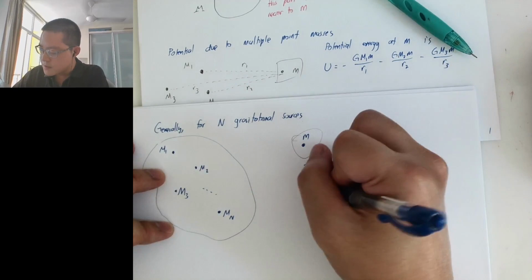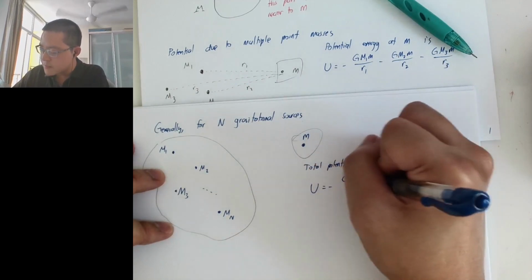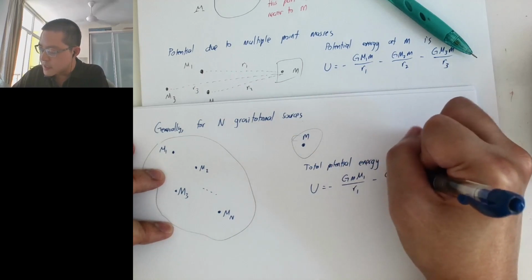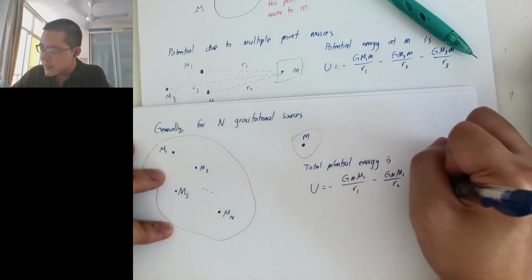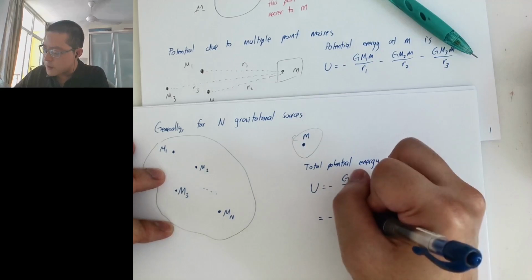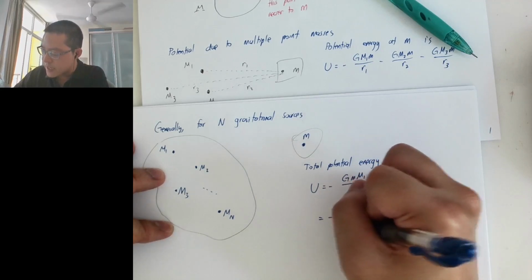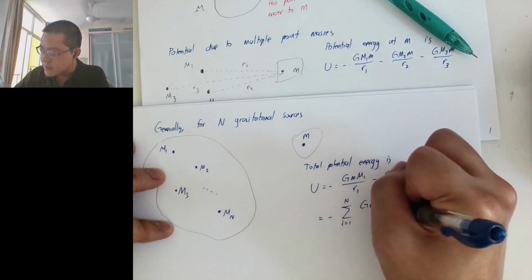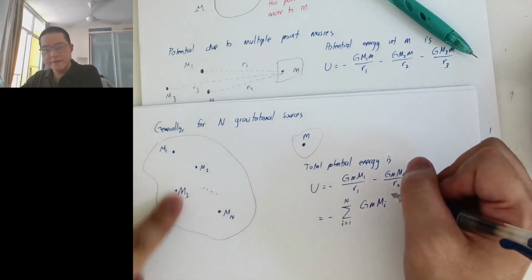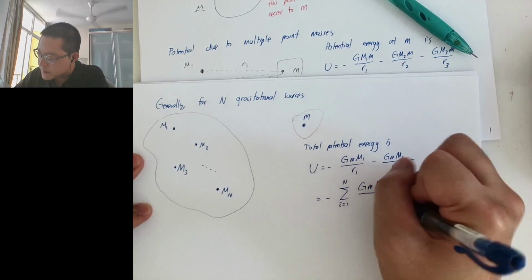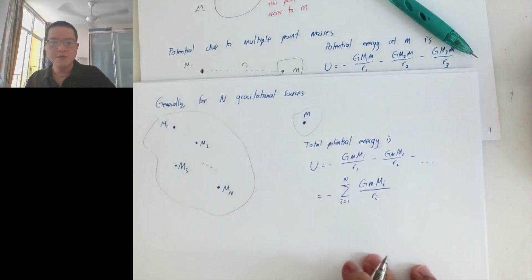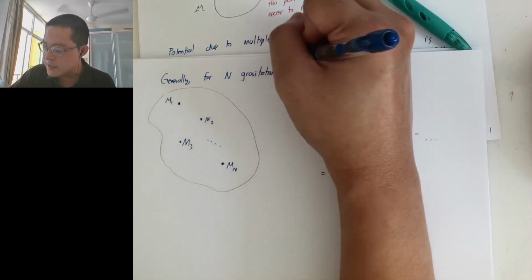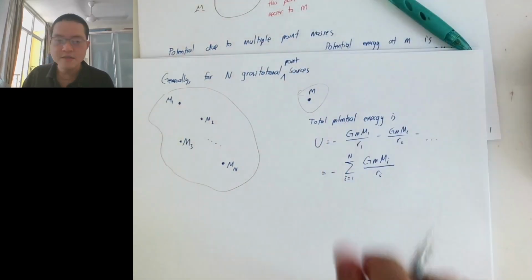The total potential energy is just the sum over everyone: the first mass over the first distance, the second mass over the second distance, and so on. So what we are doing is a summation over i from 1 to n of G m mi over ri, because different mi have different masses and each of them has a different distance. This is the gravitational energy for point sources.